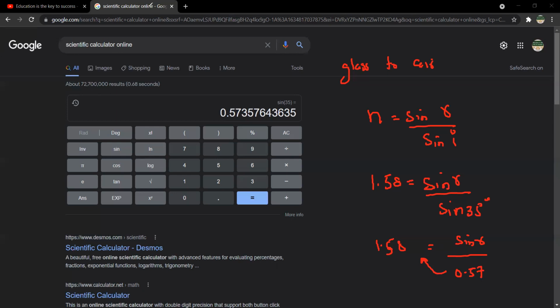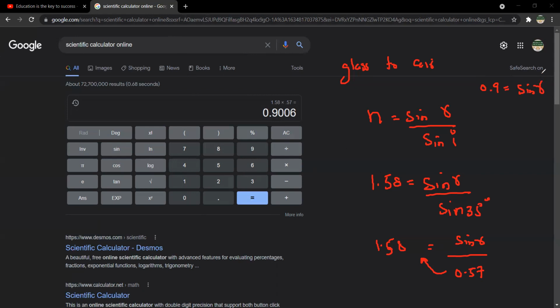So 1.58 multiplied by 0.57, that is 0.9. So when we multiply these numbers, we'll get 0.9. So this 0.9 is equal to sine R.